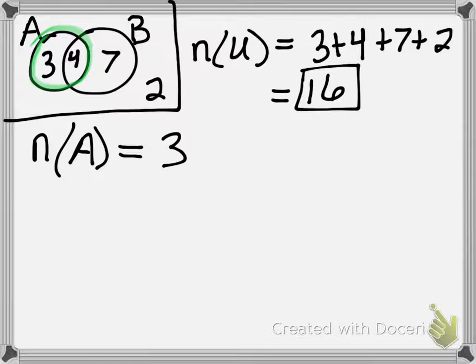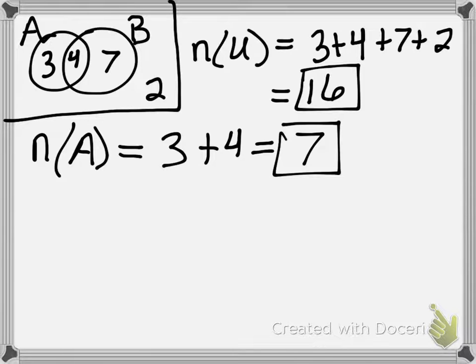So really, Group A is 3 and 4, so that is 7 people total that are in Group A. The reason we have to think about it is that 4 in the middle. They're in Group A, but they're also in Group B. But I didn't ask that. I asked this question: how many people are in Group A? I don't care what those 4 people in the middle do in other groups.